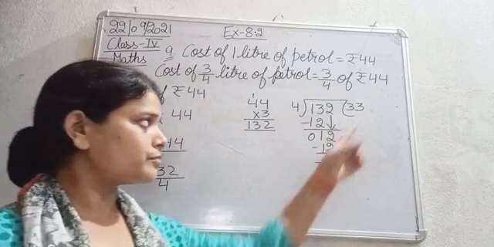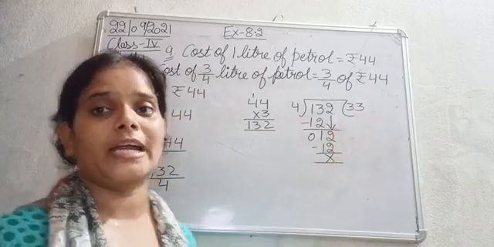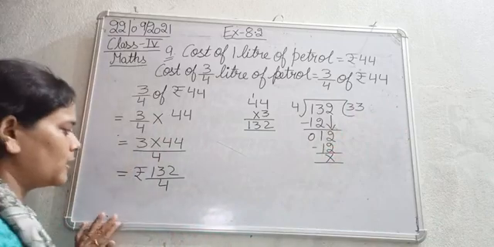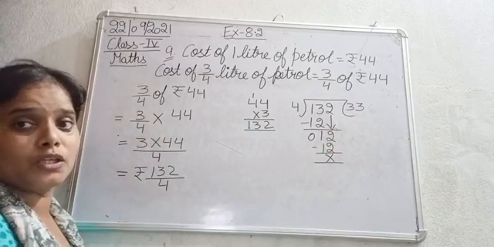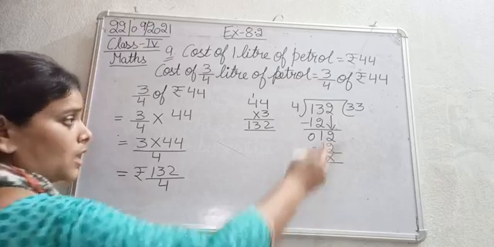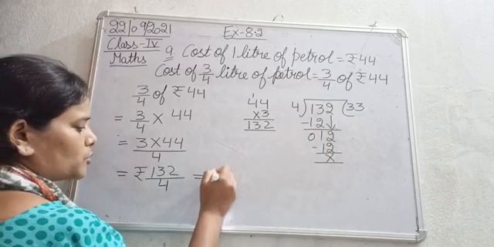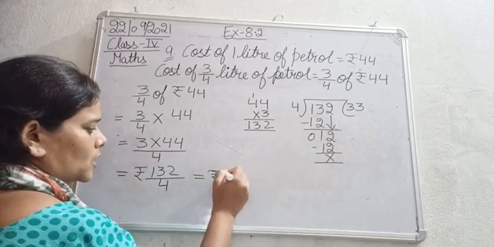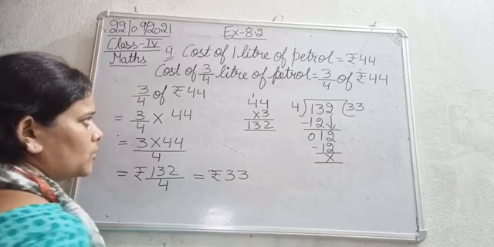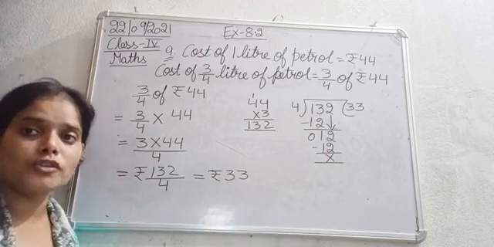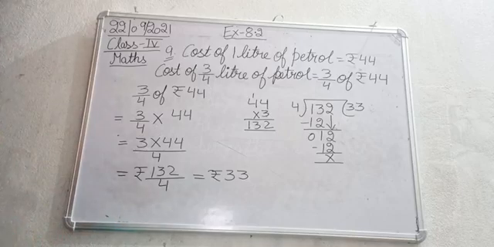So now we have got the quotient, that is 33. So 132 upon 4 is equal to rupees 33. That means the cost of 3/4 liter of petrol is rupees 33.